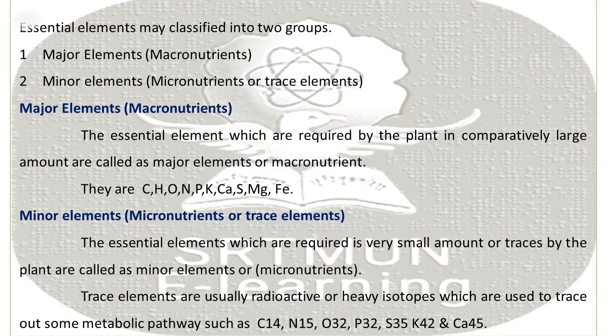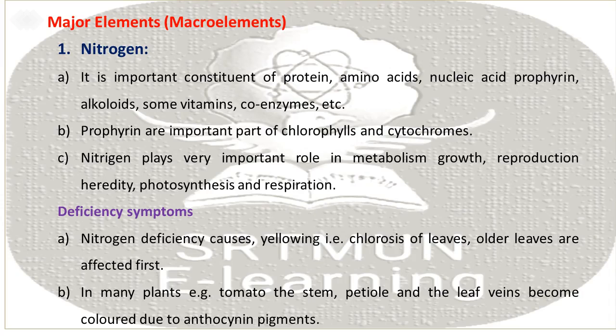Trace elements are usually radioactive or heavy isotopes which are used to trace out some metabolic pathway, such as C14, N15, O32, P32, S35, K42 and Ca45.